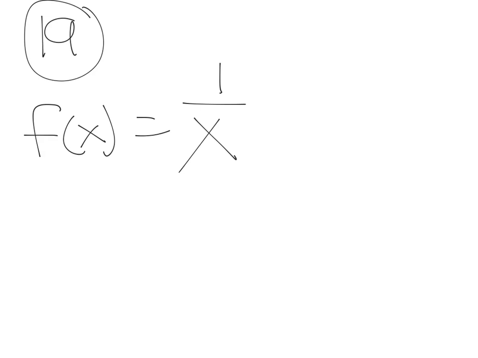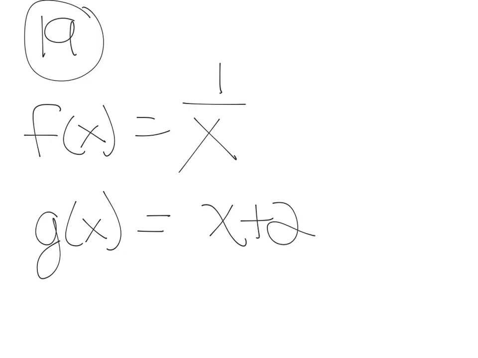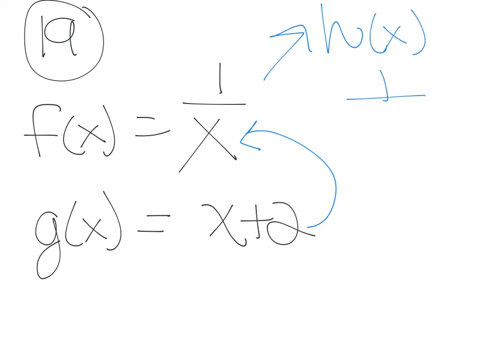And then for number 19, just because it's a fraction doesn't mean it's scary. f of x is going to equal 1 over x, or 1 over something, and g of x is that something, which I need to be x plus 2. So when you plug this in right here, you will get back to your h of x, which was 1 over x plus 2. See, not so bad.